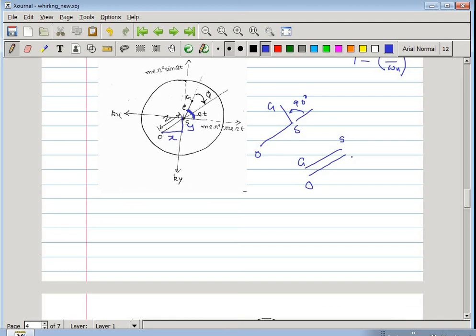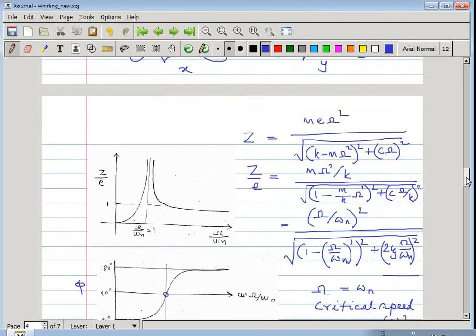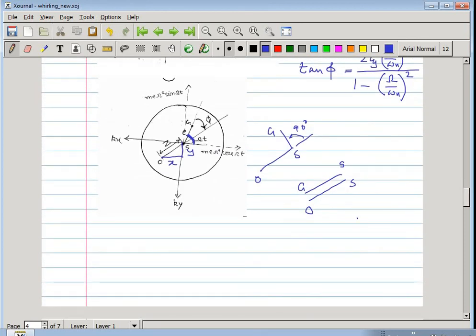So this is OS and this is SG. Now you see, when omega by omega n is much larger than 1, Z by E equals 1 in magnitude and 180 degree in phase. So 1 in magnitude means OS and GS are the same in magnitude.